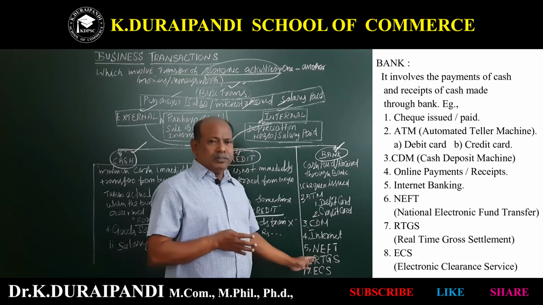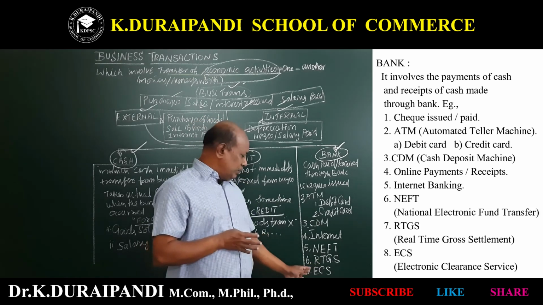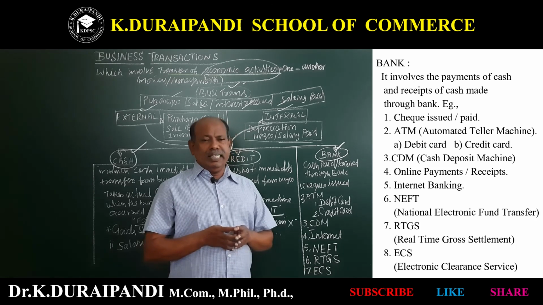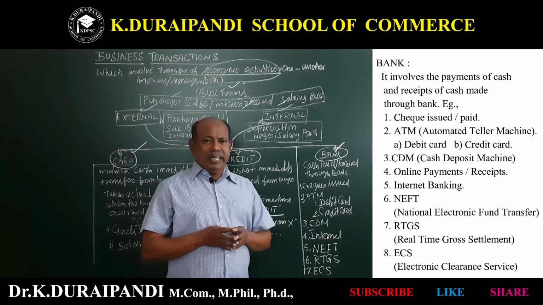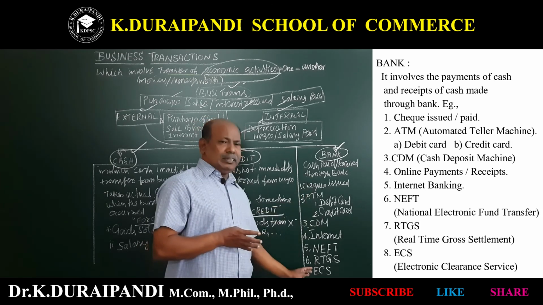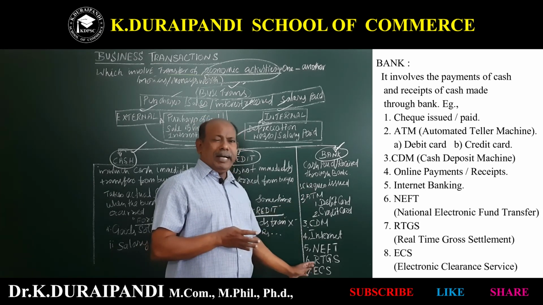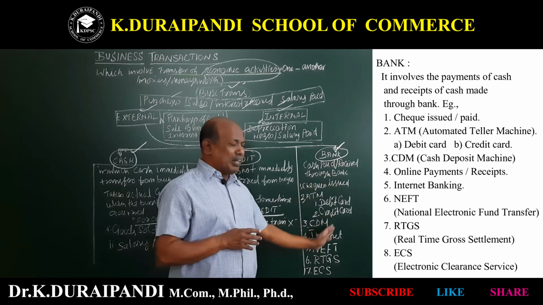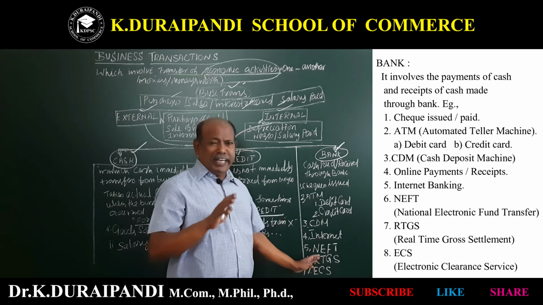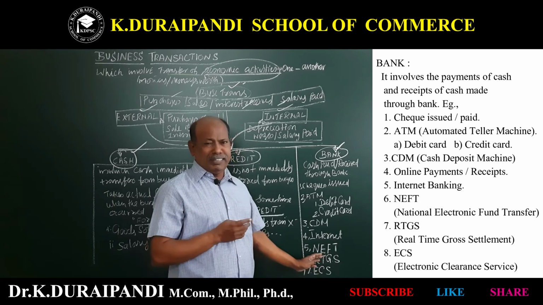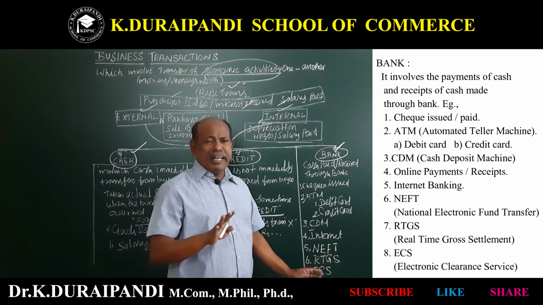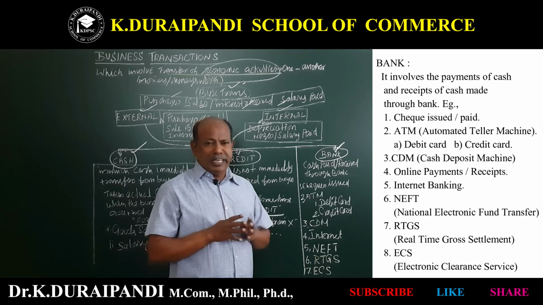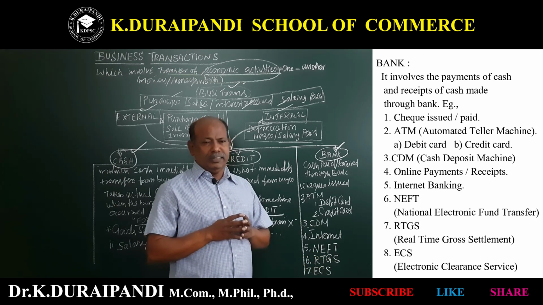It is a banking transaction. Then ECS, electronic clearing service. All these things are done by the bank, so these are found in any business activities. Such business activities are called banking activities or banking transactions.